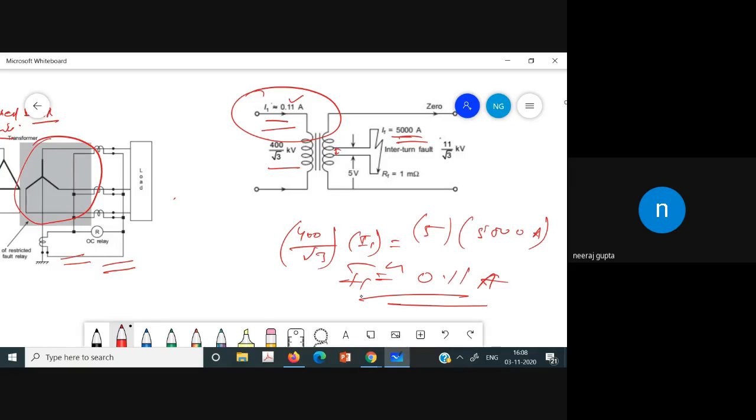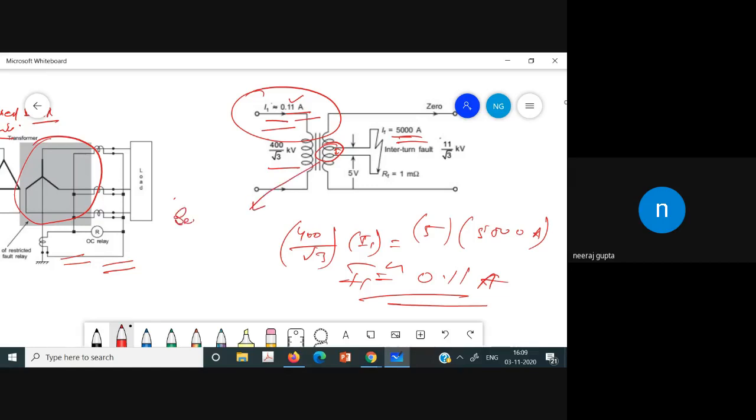So in case of an interturn fault, it is difficult to detect using the overcurrent differential relay because the change is very small. It is very difficult if we are using the simple differential principle scheme, and these shorted turns can result in a severe hotspot, which results in the deterioration of the insulation.